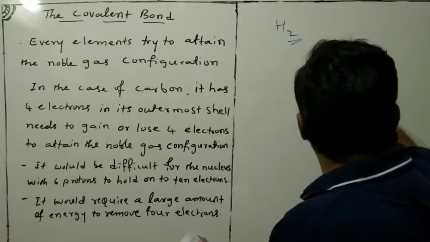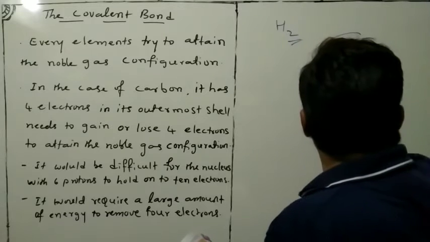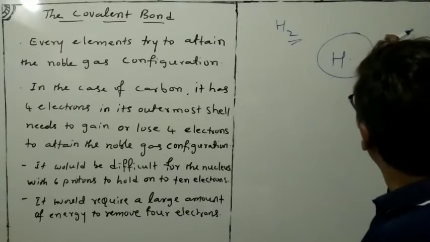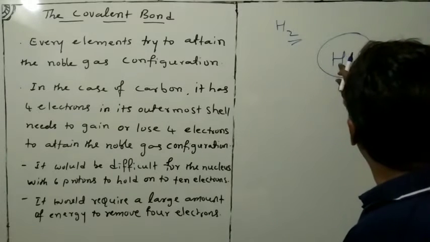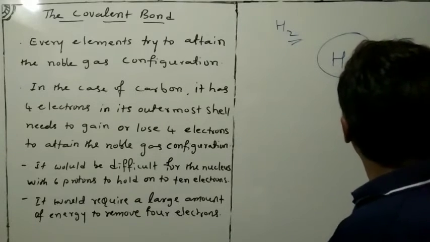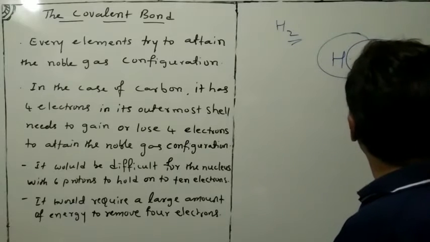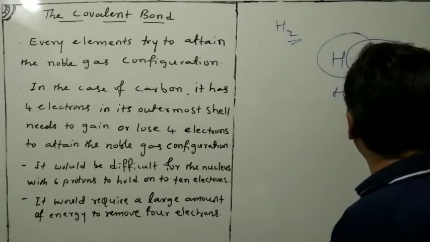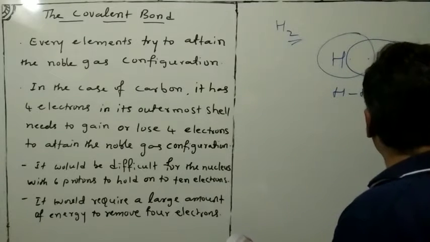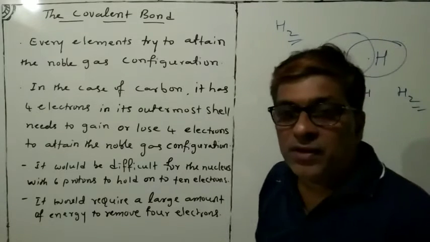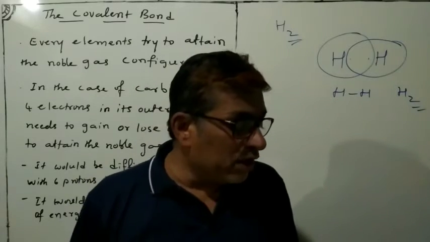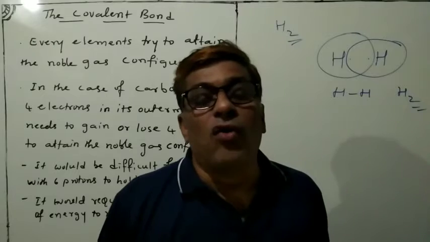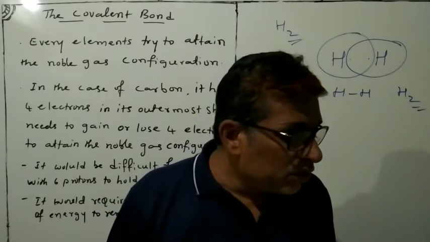This hydrogen shares its 1 electron, making a bond, and this hydrogen also shares like this. So here 2 electrons are shared and 1 bond is formed. So H bond H, the hydrogen molecule. This is a very important diagram: draw the electron dot structure of hydrogen. In this way you can show it.